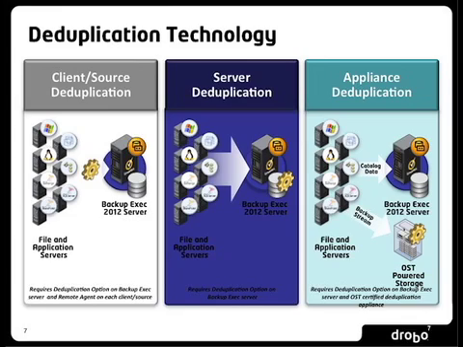On average, you can figure that if the client is going to be doing some processing, it's going to be anywhere from 10 to 20% additional processing to be able to analyze the data, determine where those deduplication offsets should be, and then send the data over to the media server. So typically, a client-side deduplication operation is going to add 10 to 20% overhead onto your backup.